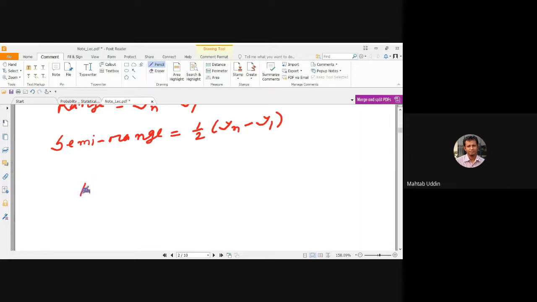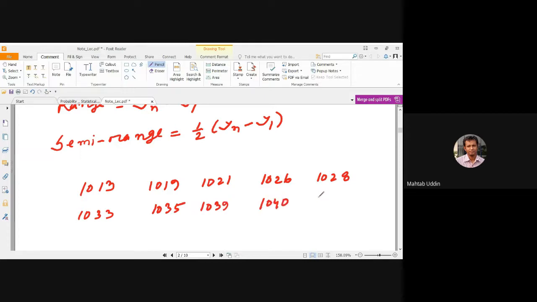The data are 1013, 1019, 1021, 1026, 1028, 1033, 1035, 1039, 1040, 1043, and 1047.